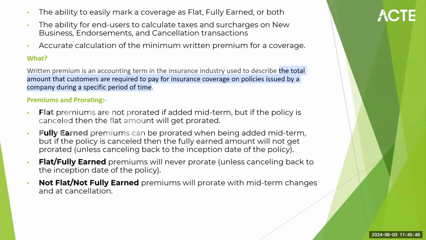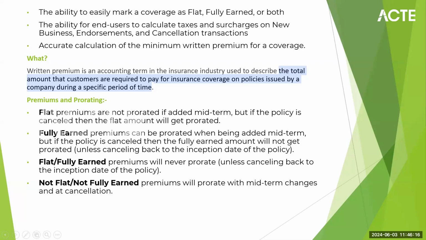So when he cancels, the amount applicable for the remaining 6 months will be returned to the customer. In that case, that is called flat premium. The flat amount will be prorated, nothing but it will be returned to the customer.